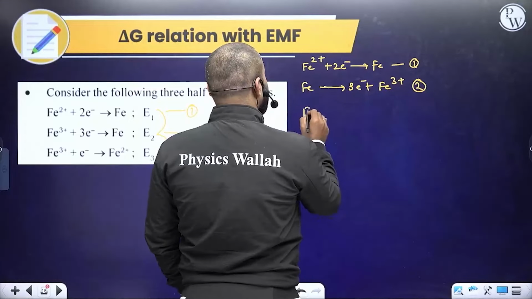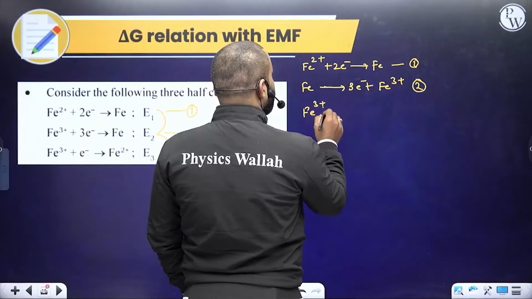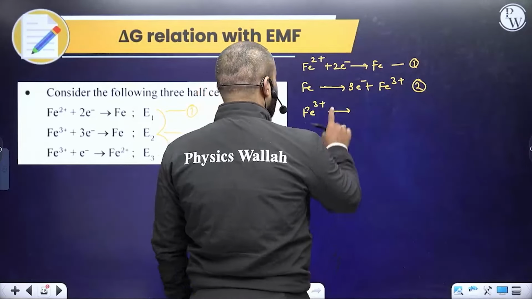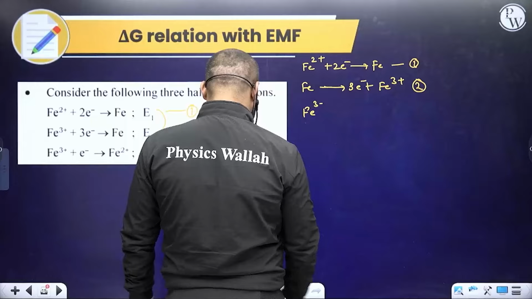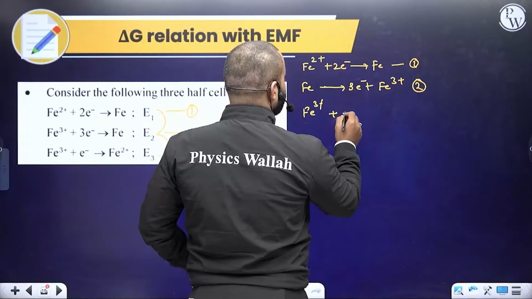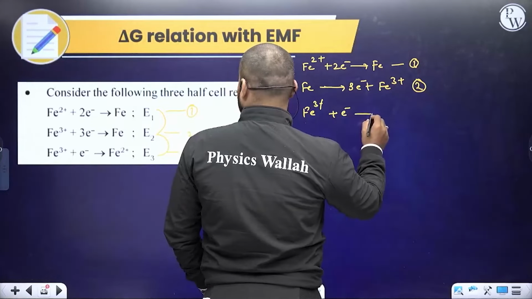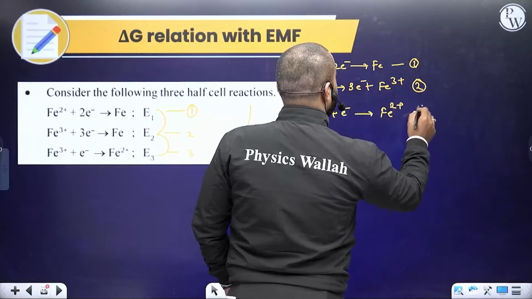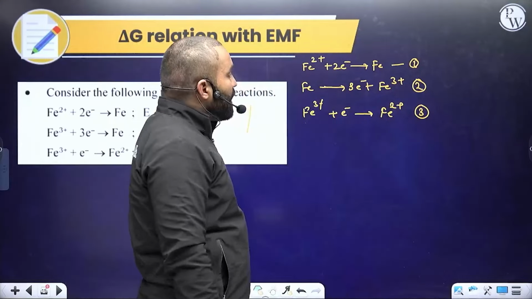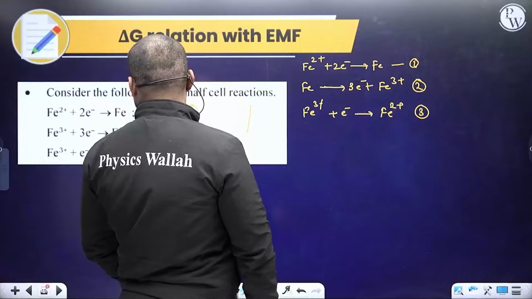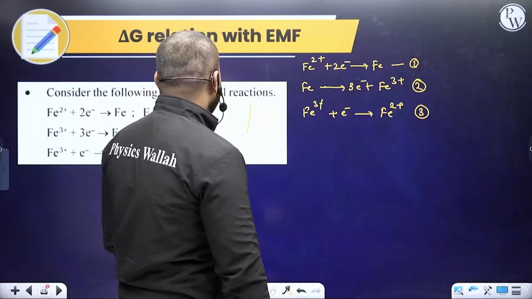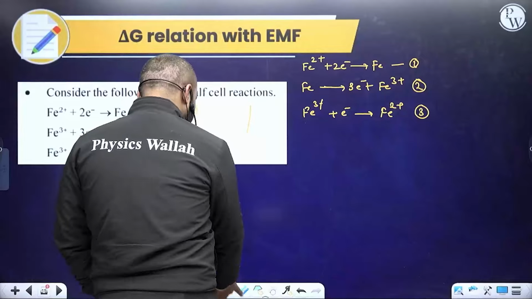The third one is Fe3 plus taking up the electron, just 1, and becoming Fe2 plus. This is my third equation. Can you make the third equation from the first two equations?